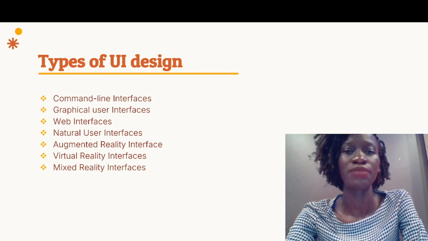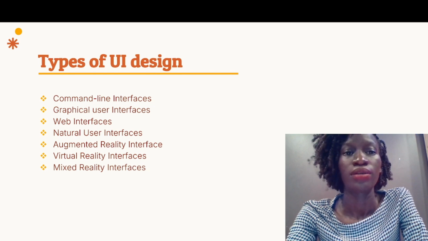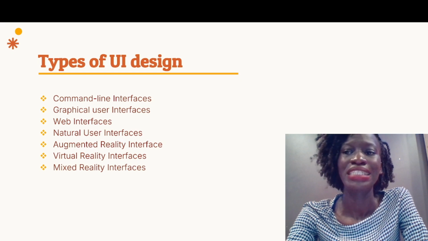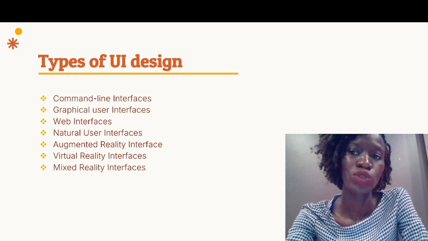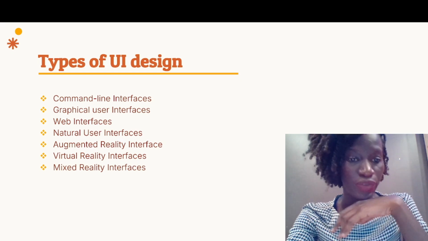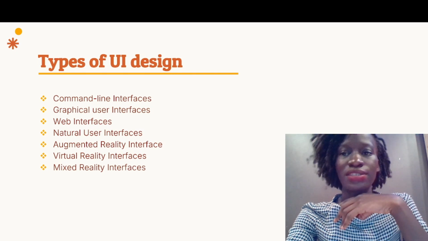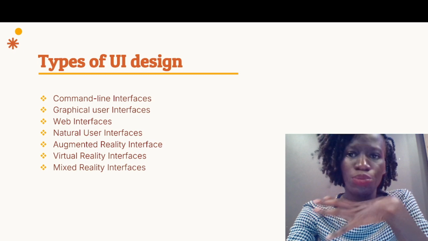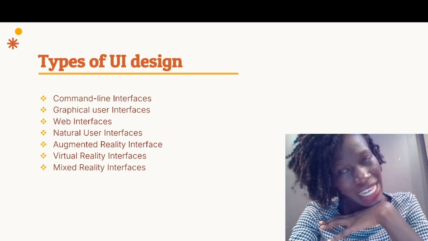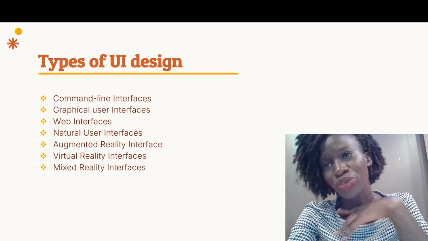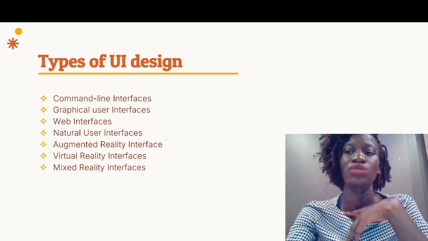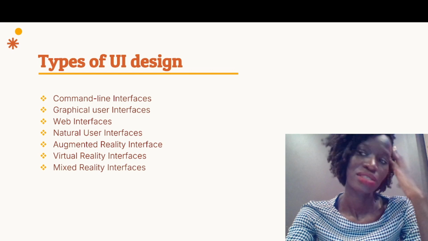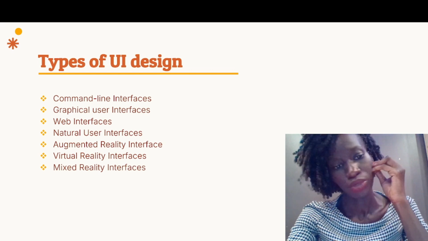Then augmented reality. And the interfaces that overlay digital information and virtual objects onto the real world environment. Virtual reality interfaces are interfaces that immerse the user in a computer generated environment that simulates reality through the use of interactive devices which send and receive information and are worn as either headsets, goggles, gloves, or bodysuits.